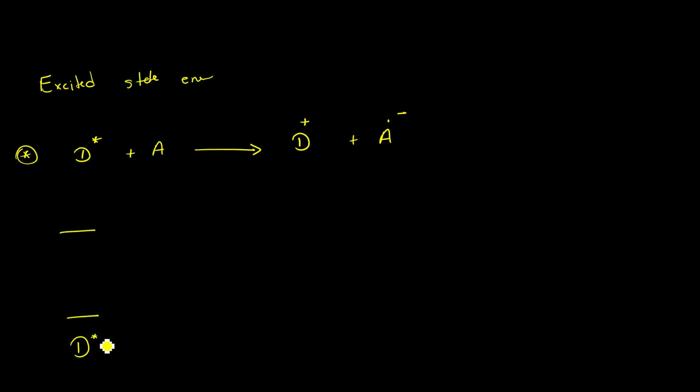Now when it comes to the excited donor, we have one electron here. Let's forget the spin, shall we? The spin can be like that. Excitation can be in a triplet state or singlet state. We have talked about these singlet and triplet states in our previous videos. So for now, I'm going to forget about this singlet and triplet state. Here we have one electron, and here we have the other electron.